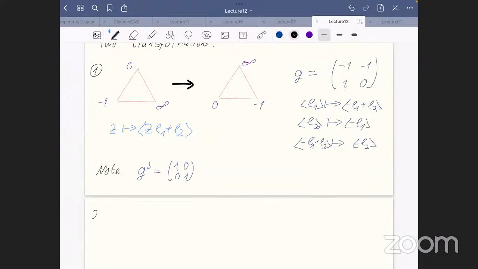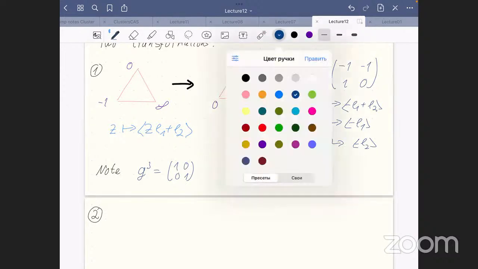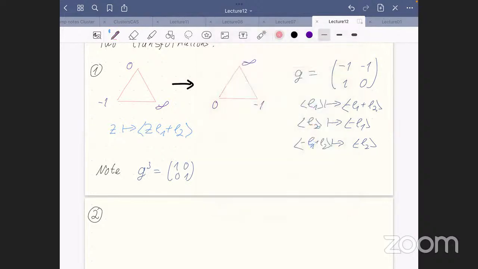Okay, 1. And the second transformation which we will need is how to pass from one triangle to another triangle. So assume that we have 2 triangles.